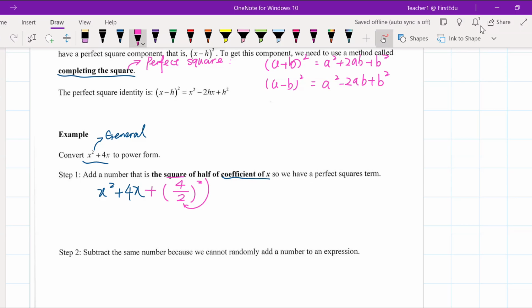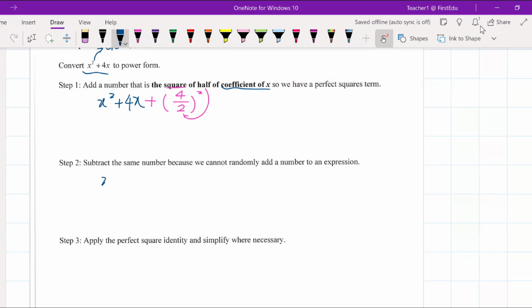And then step number 2, subtract. Because you can't randomly change the expression, you add this and then subtract this. Step 2, we take away the exact same thing: subtract (4 over 2) squared.